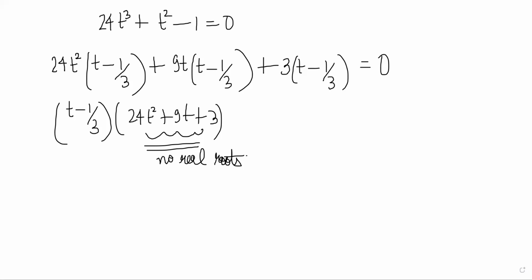Sir, instead of taking sine square x as t square, what if we take sine square x as t itself? It won't help, because then you will have t to the power 3 by 2 and all will come. Because that side it was cos square x and sine cube x, right?